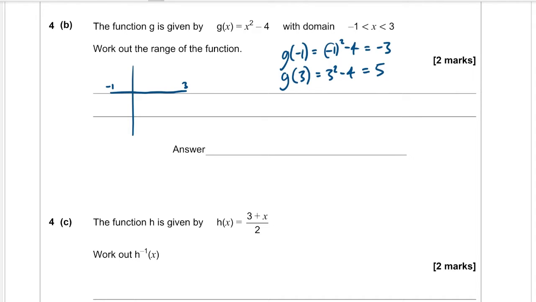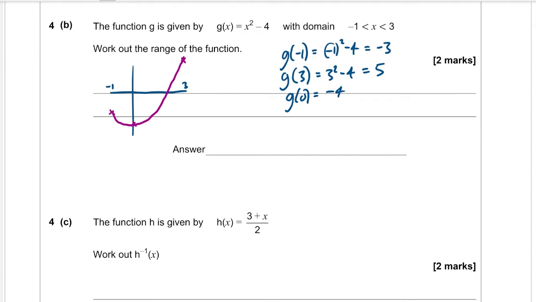So this graph is going to look something like this, minus 3, and it's going to go up here at 5. But we also know when x is 0, it's going to give me a value of minus 4, so it's going to cross this axis here at minus 4. So our graph is going to look something like that.